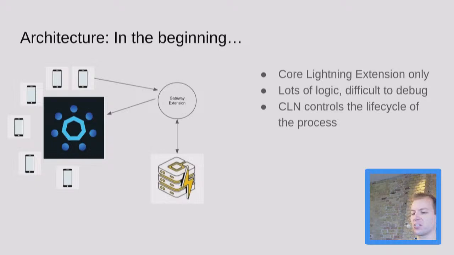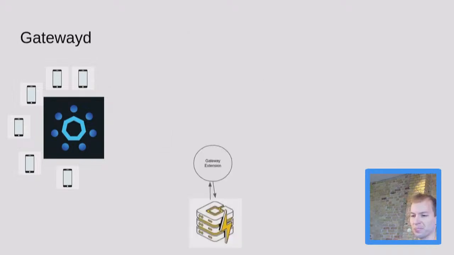There are other things you'd like to do with a gateway, such as maybe spend the ecash that it's holding, and with this architecture, you wouldn't be able to take your Lightning node down and do that at the same time. Also, at some point we wanted to add LND support. LND has a large market share of the Lightning nodes, and we'd love for more people to run a gateway. Adding LND was fairly important, so we needed to change something.